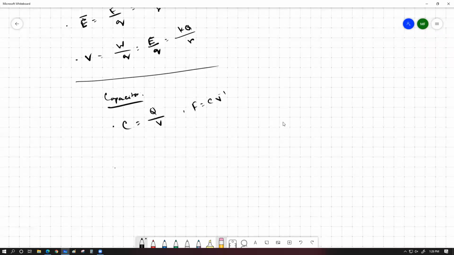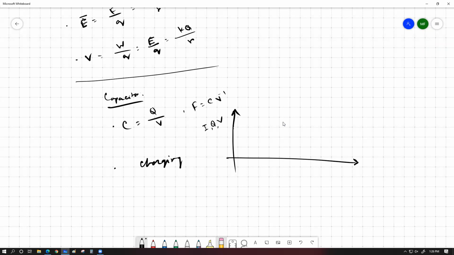Then we've also seen that whenever the capacitor is charged, for charging cases, the charge and the voltage, these two variables, they go up exponentially.